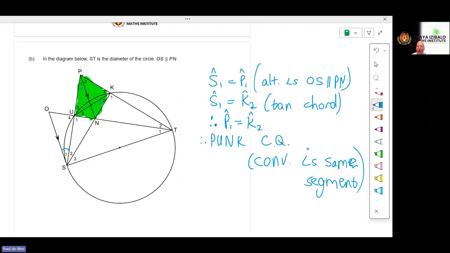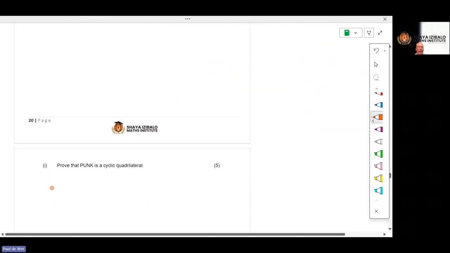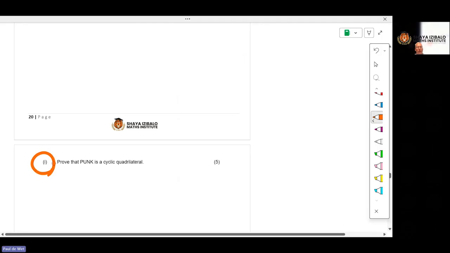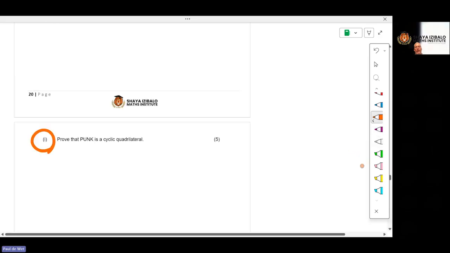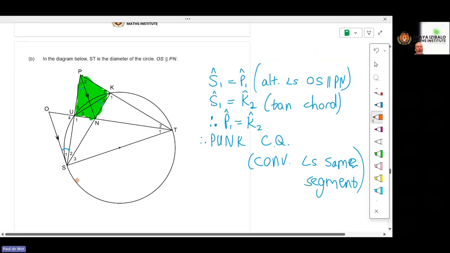Okay, right, now, guys, let's suppose, and I've told you this before, let's suppose you couldn't do this question, part 1. Now, when you go to part 2, you must know that thing is a cyclic quadrilateral. In other words, you can use that it's a cyclic quadrilateral. Now we want to prove that SO is a tangent.